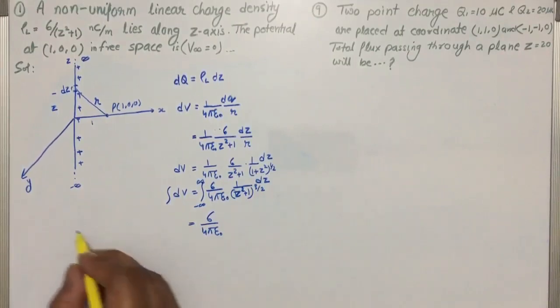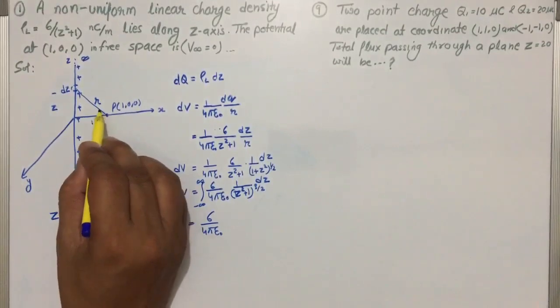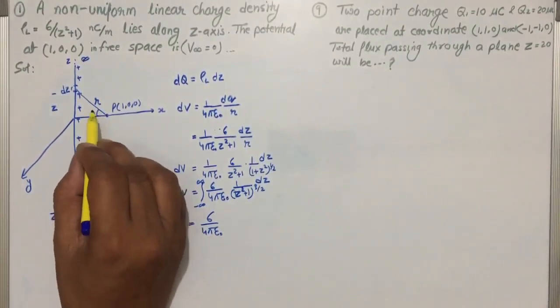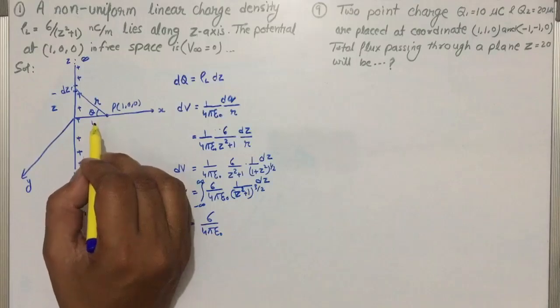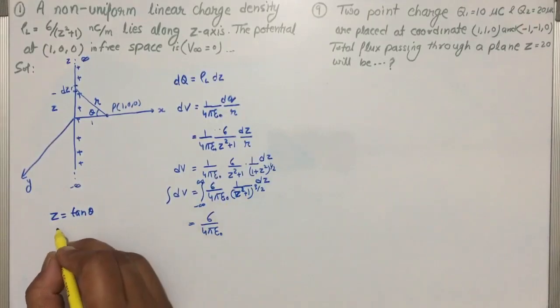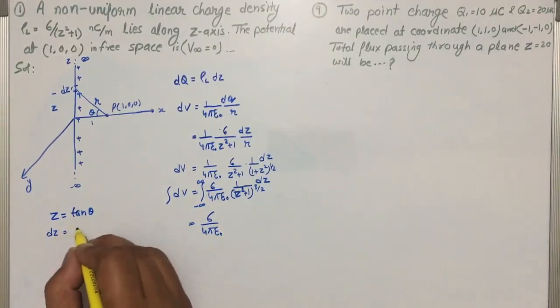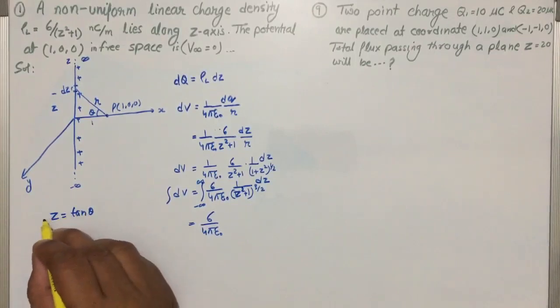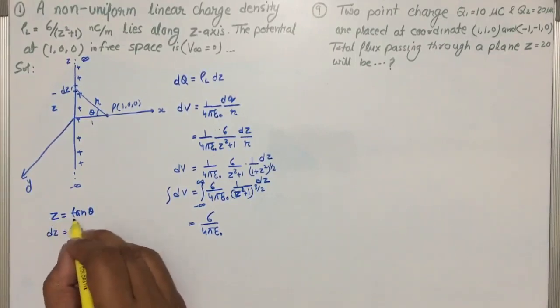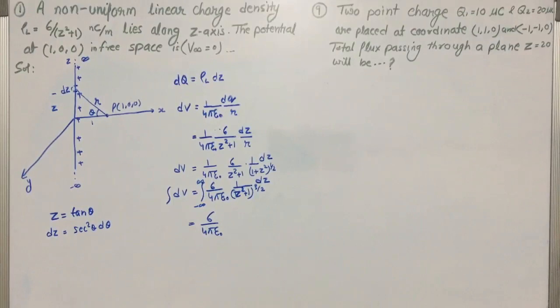If we consider z equal to tan theta, then dz by d theta will be sec square theta, just the differentiation of this with respect to theta, so dz equals sec square theta d theta.